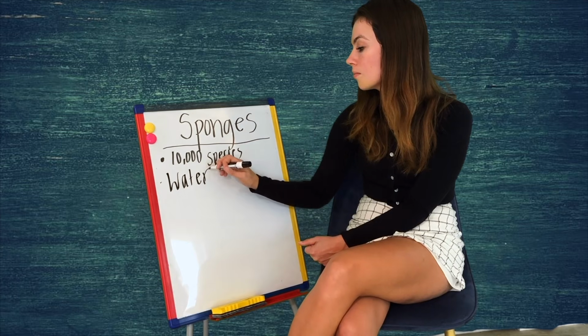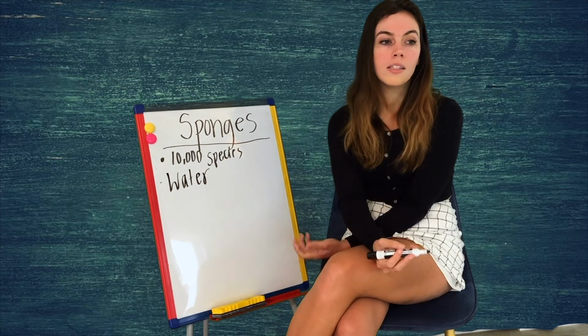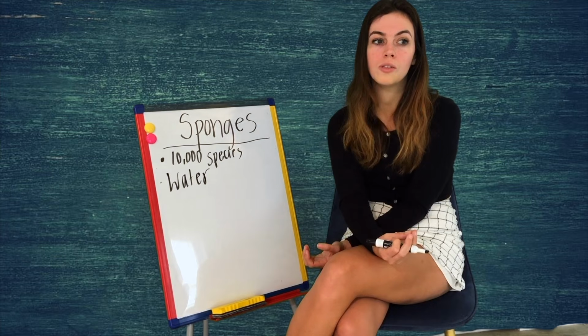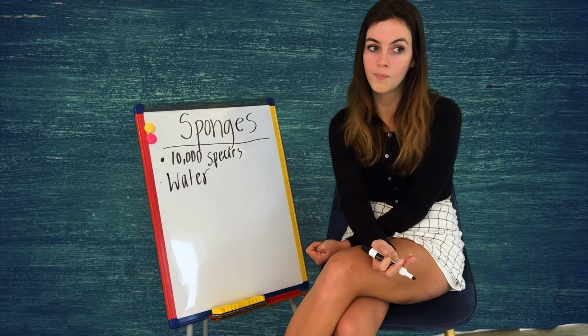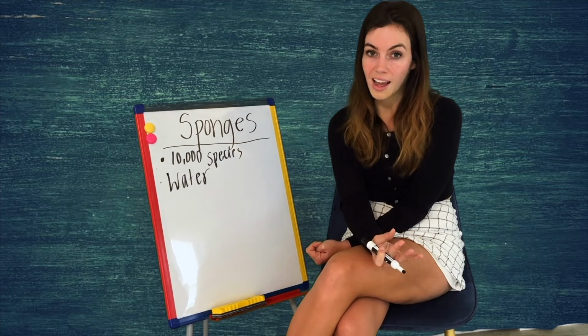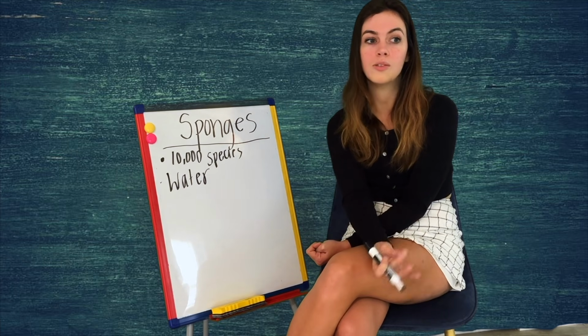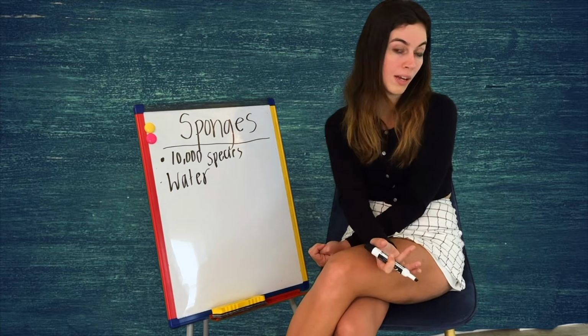Sponges use the pores to strain food particles out of water passing through them. If you use a natural bath sponge, you are using the skeleton of a dead sponge.